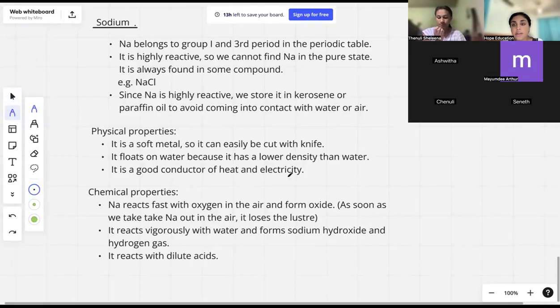A dilute acid is an acid mixed with water, right? For now you don't need to know that much. If I remember right, in grade 11 you have a different lesson for acids and bases. Did you understand up to that point? Yes, teacher.